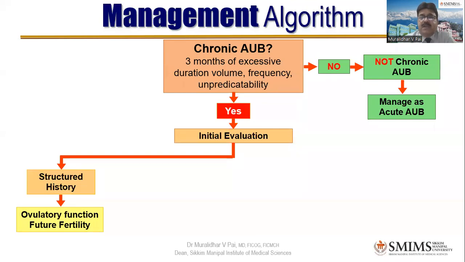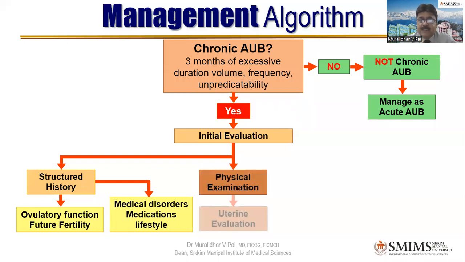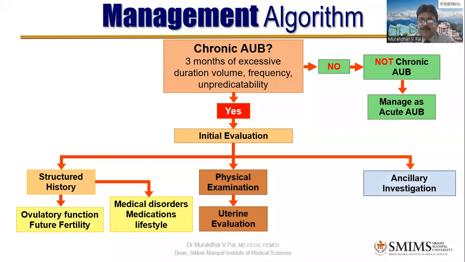For example, if she has got a fibroid uterus, and/or adenomyosis, and if she has completed her family, the management is going to be totally different from a very young girl or lady having this kind of problem. Medical disorders, medications, lifestyle, I have already explained to you; this history has to be taken in detail. Physical examination, basically uterine evaluation, and of course, the adnexal evaluation.